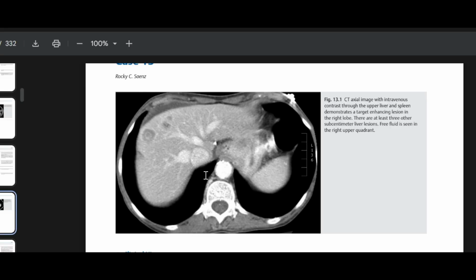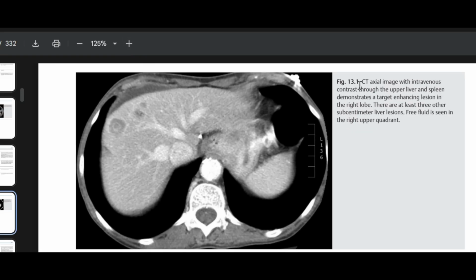Another case seen here. This is an axial contrast-enhanced CT scan of the abdomen at the level of the upper liver and the spleen, showing a target enhancing lesion in the right lobe of the liver.